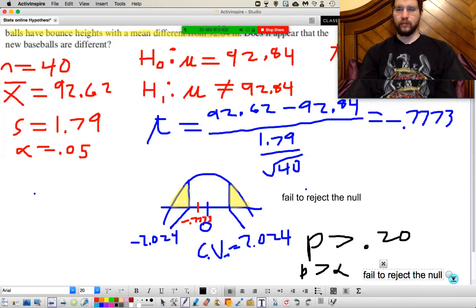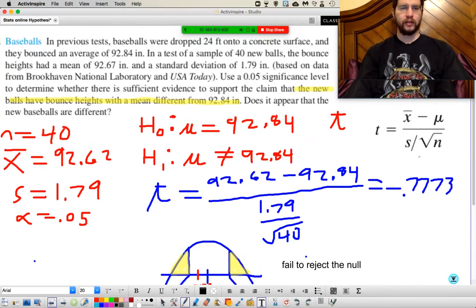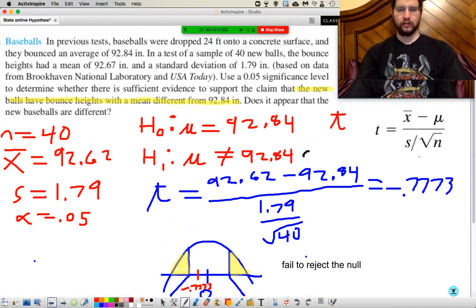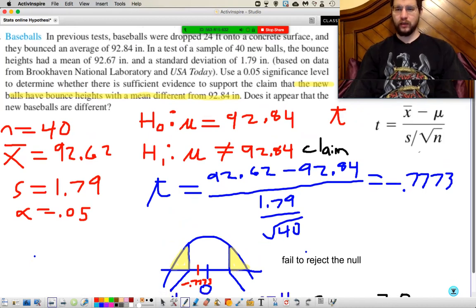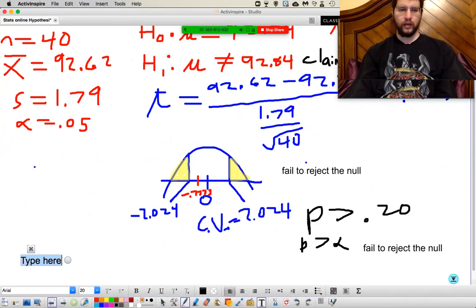And our claim, well, I didn't write down what my claim was, did I? The new balls have bounce heights with a mean different from 92.84, something like that. So that claim is the mean alternative. Claims in the alternative, we don't reject the null.